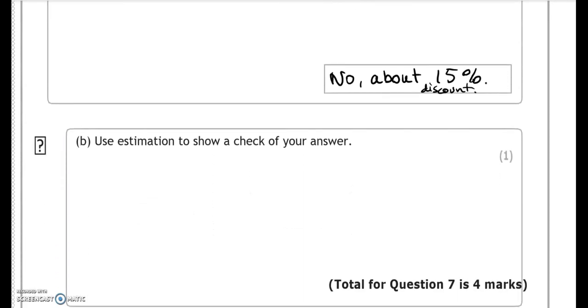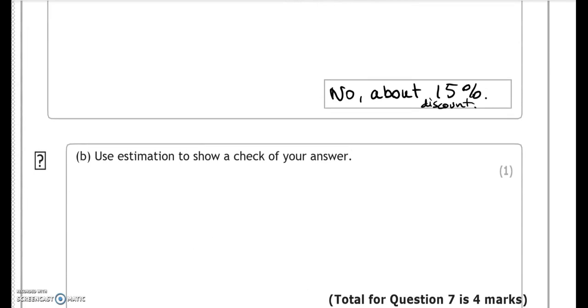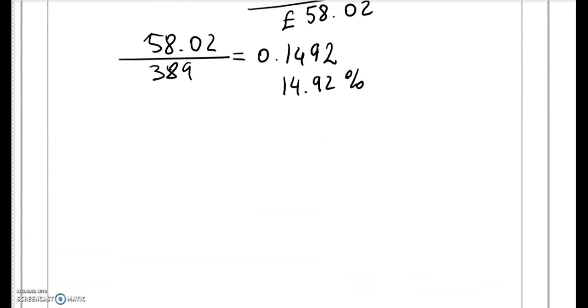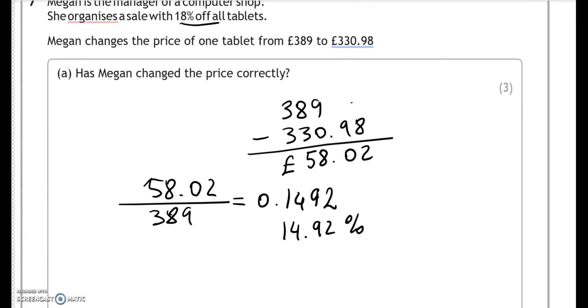Use estimation to show a check of your answer. So if I round this to 390, take away 330, it's going to give me 60. And then 60 out of 400, or 60 divided by 400, gives me 0.15, which is 15%.